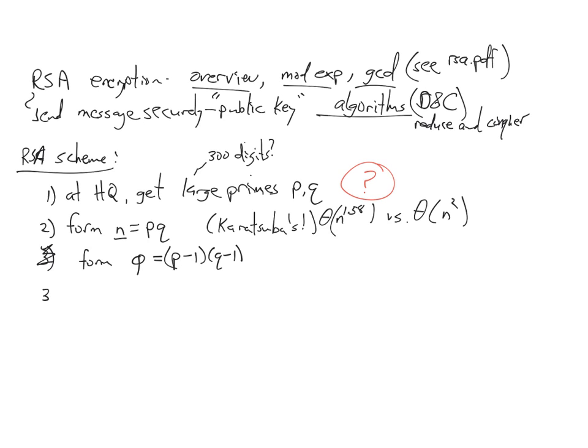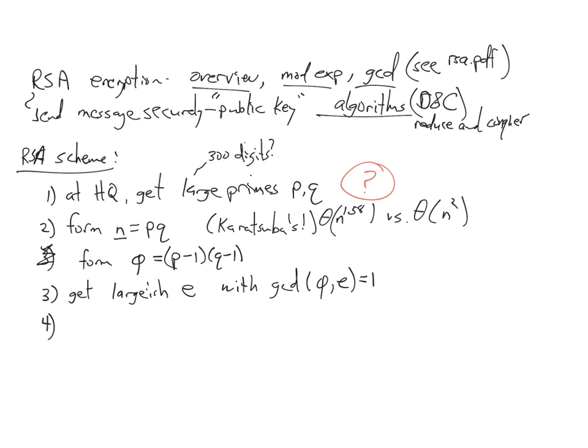Then step 3 is we get a largish E, and what we need here is for the greatest common divisor of phi and E to equal 1. We'll see what that allows us to do later, and we'll talk in the 3rd video about the GCD algorithm that can use that information.